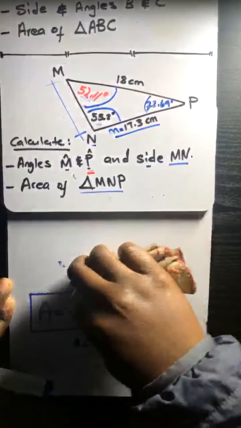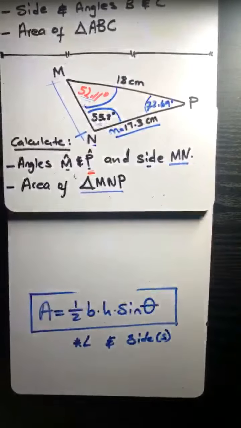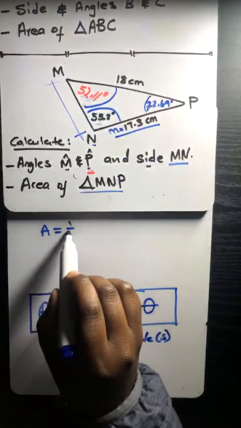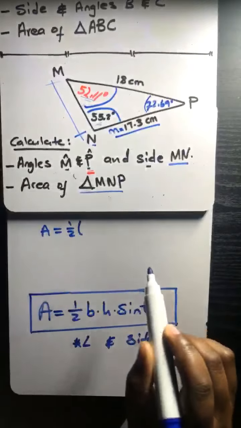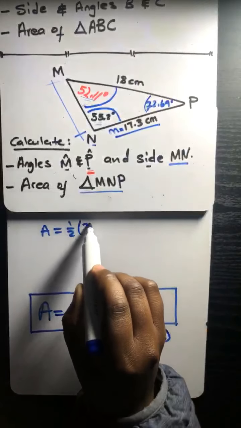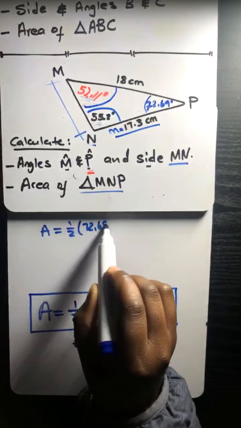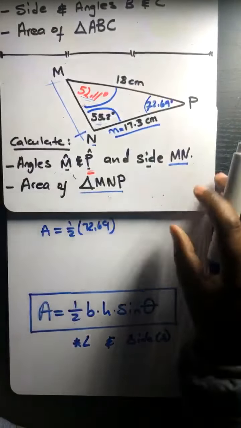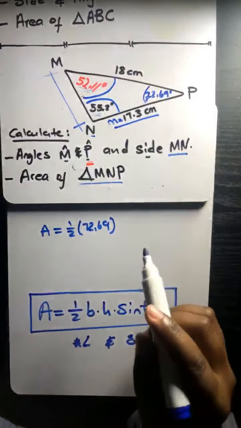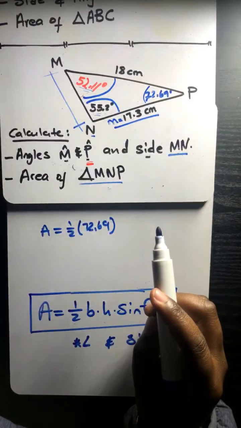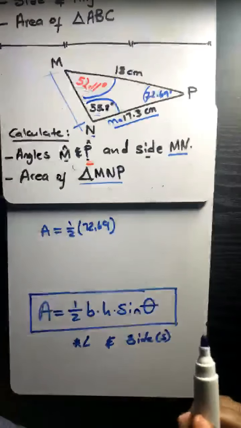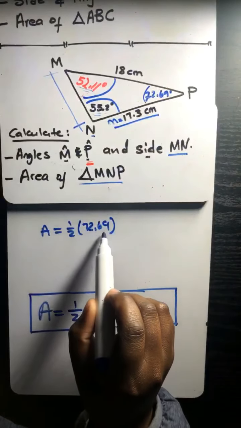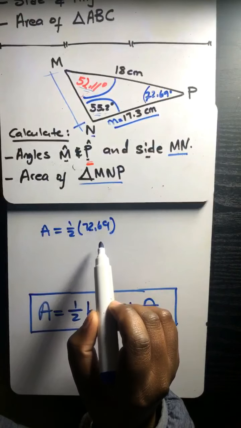So you say area is equal to 1/2, and then you open a bracket, you say 72.69. Please clear 72.69. You want me to remove that?